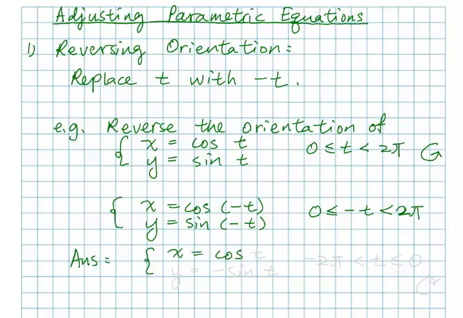X equals cosine of t, y equals negative sine of t. When we multiply the inequality by a negative number, we have to reverse the inequality sign. We have the inequality that describes the bounds on t as negative 2 pi is less than t, and t is less than or equal to 0. Then the orientation will be clockwise.